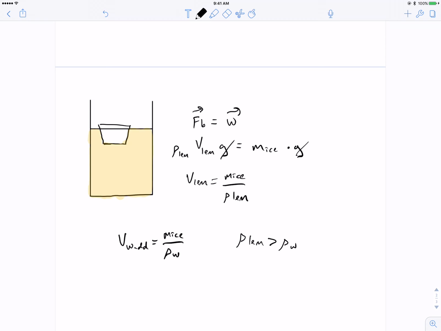And so we know that the volume of lemonade displaced when the ice is floating is actually going to be less than the volume of water added when the ice melts. So the level of lemonade in the glass will go up when the ice melts.